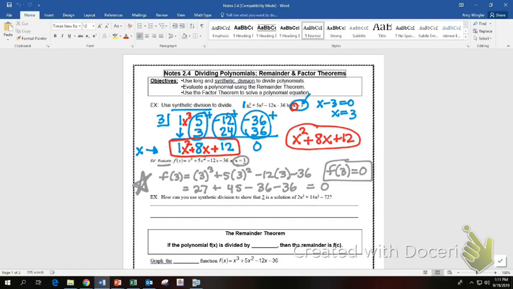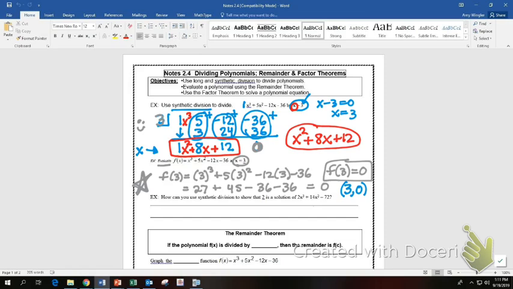In the first example, which I'm putting a smiley face by right now, we plugged in 3 for synthetic division, and we got 0 for a remainder. What that tells us is that 3 for x and 0 for y provides us with an x-intercept.